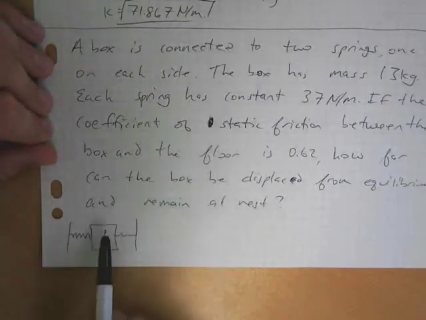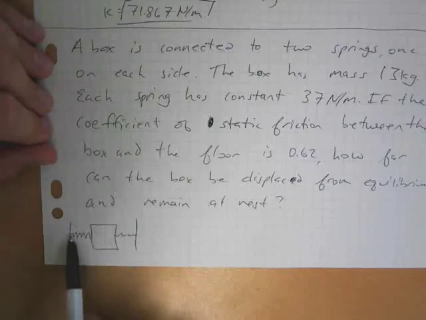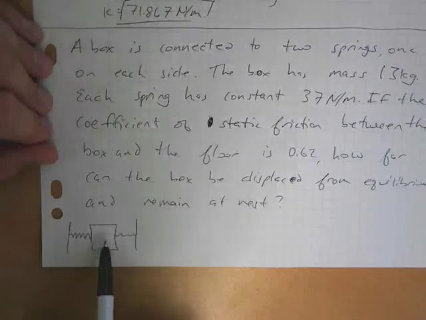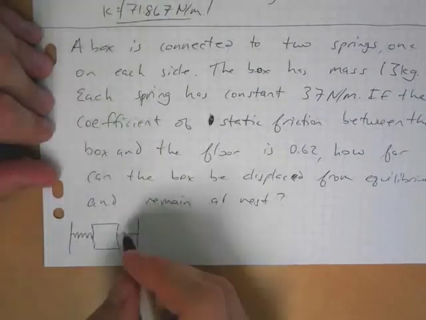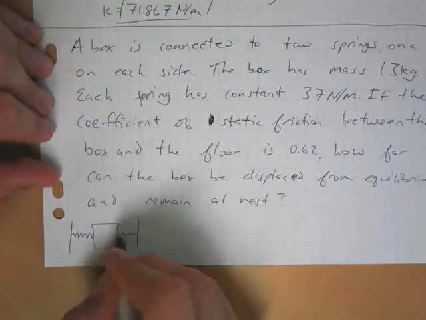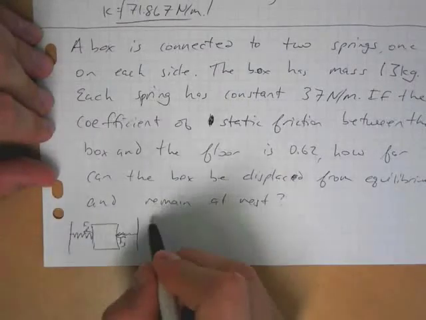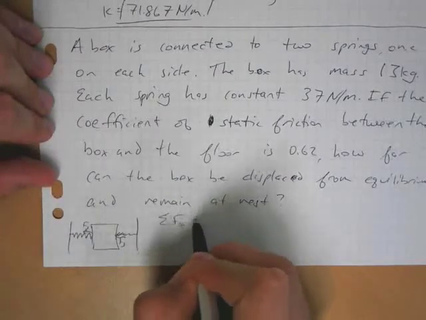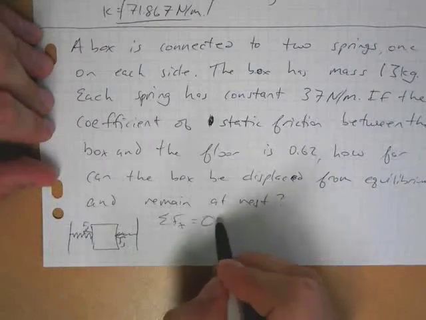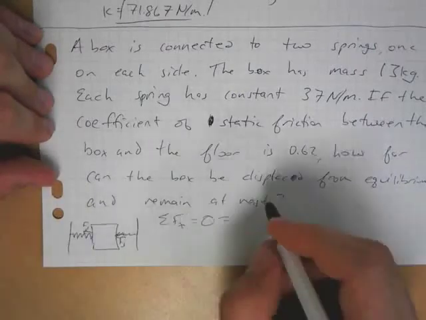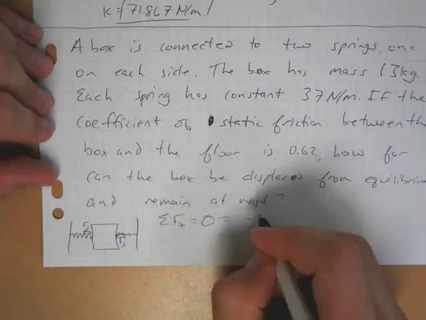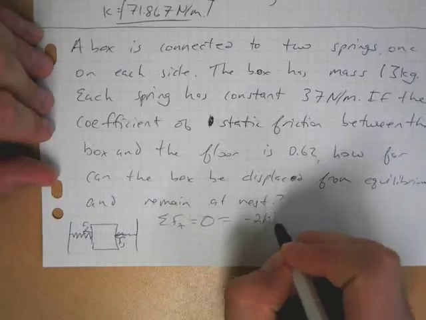So, let's assume it's displaced to the right, we have a spring force over here, we have a spring force over here, they're identical. So the sum of the forces in the x direction, if it remains at rest, is 0, and that's equal to minus 2 spring forces going to the left, and then in the other direction we have static friction.